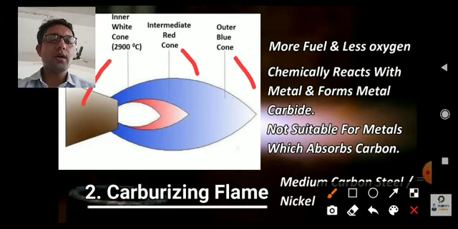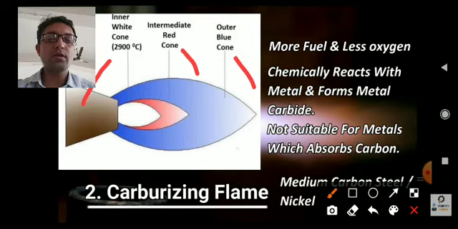The carburizing flame means more acetylene is used and less oxygen is supplied. More fuel and less oxygen, because this flame reacts with the metals and forms metal carbide.